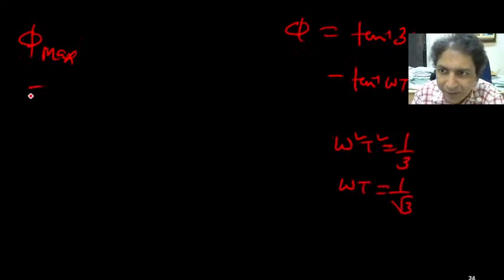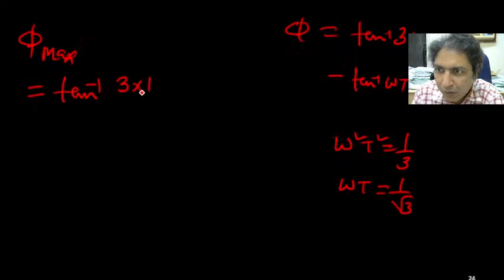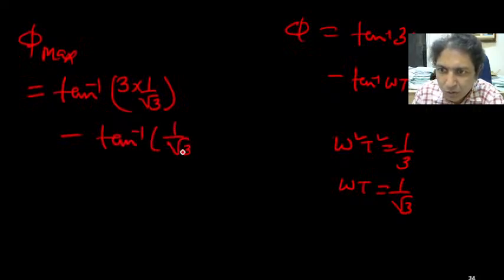So the maximum phase is tan inverse (3 into 1 by root 3) minus tan inverse (1 upon root 3).